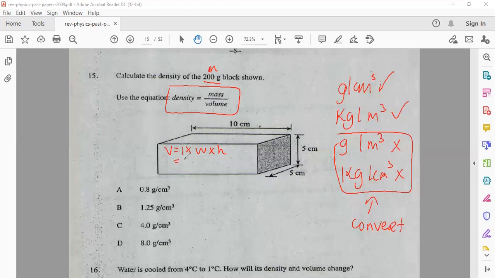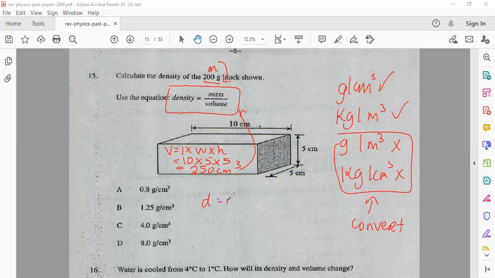So 10 times 5 multiplied by 5, plug that in your calculator and you tell me what you get. Did you say 250? Good. 250 cubic centimeters. Now we're going to take that and plug it into this formula along with the mass that we were given.